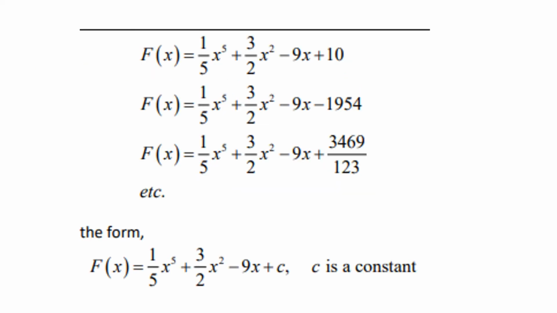Now, like many questions in mathematics, there really is not just one answer. You could have had this one, where you have 1/5 x to the fifth plus 3 over 2 x squared minus 9x plus 10. Or you could have had the same polynomial, but instead of plus 10, it could have been minus 1954.